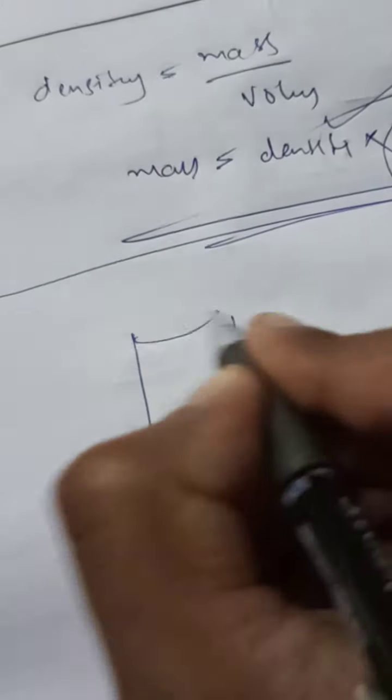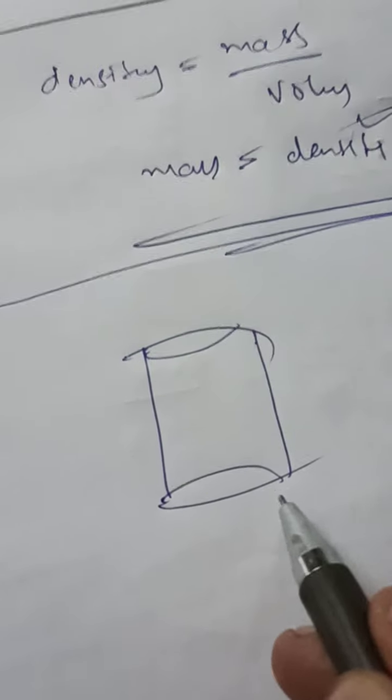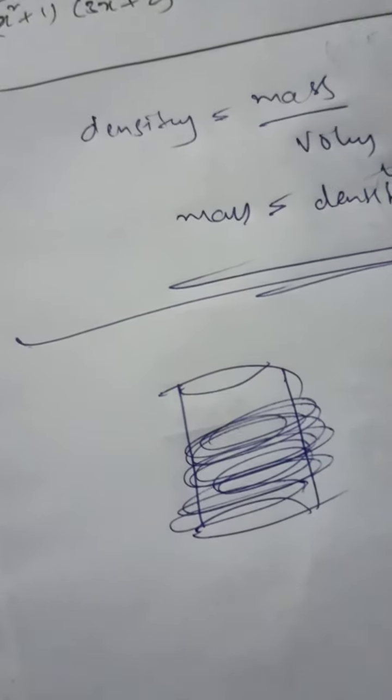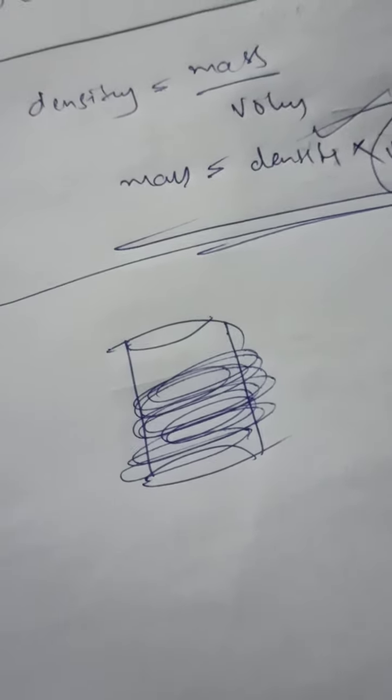So first let me visualize the figure. A rough sketch I am drawing. This is a cylinder, and this cylinder is wound with copper wire, something like this.